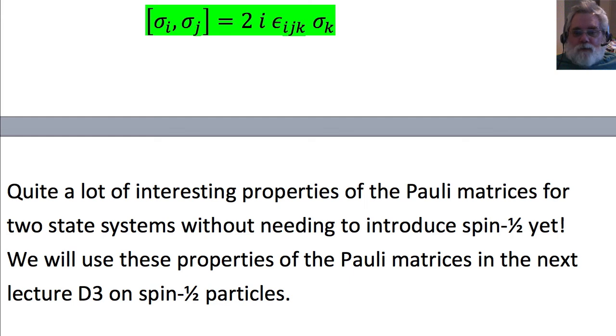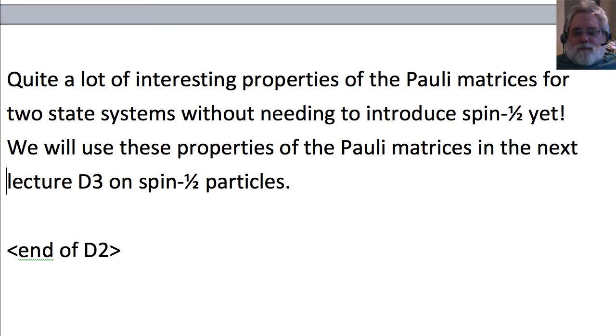Probably the most important two-state system. But the properties of the Pauli matrices do not come from spin 1/2. The properties of the Pauli matrices help us understand spin 1/2. We will use these properties of the Pauli matrices in the next lecture, D3, on spin 1/2 particles. This is the end of lecture D2.